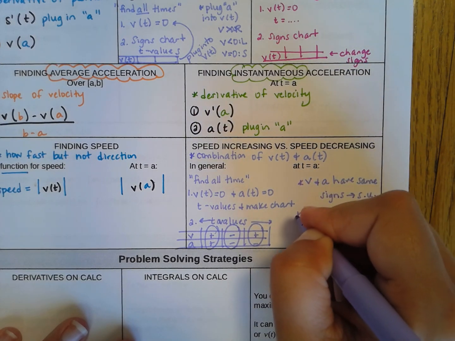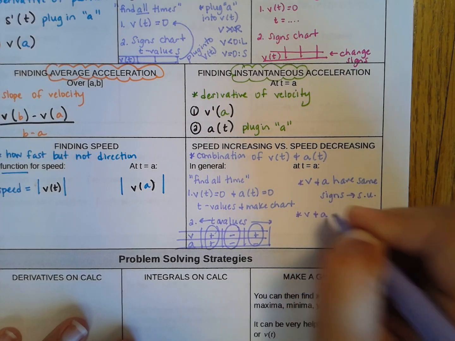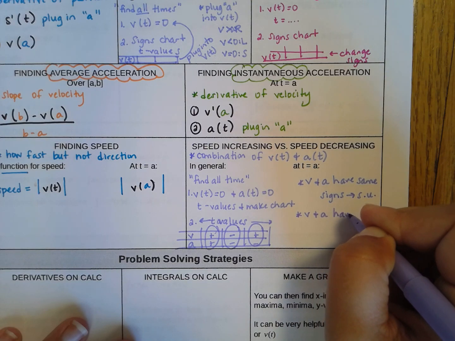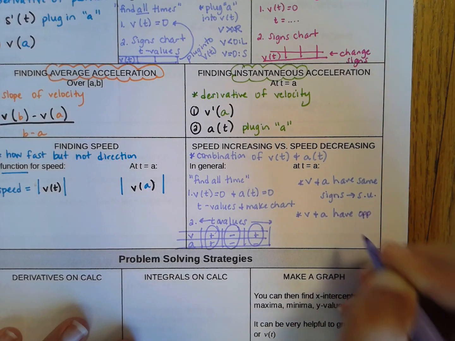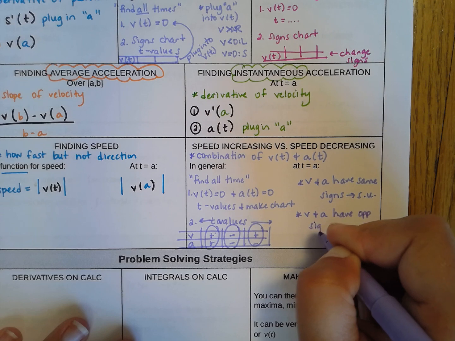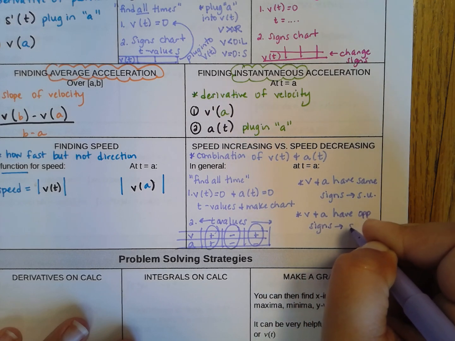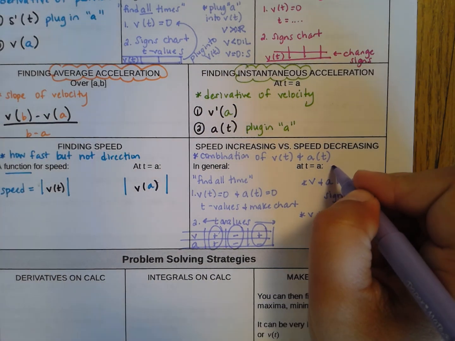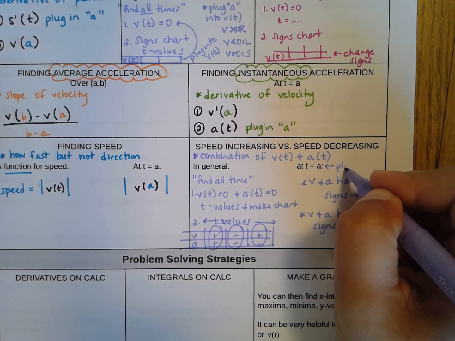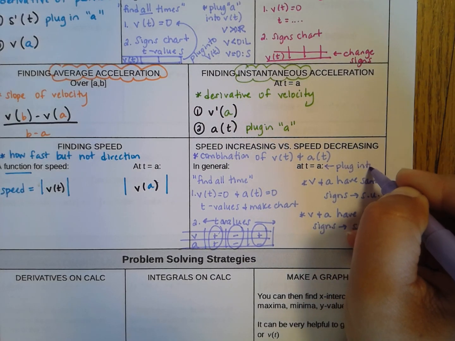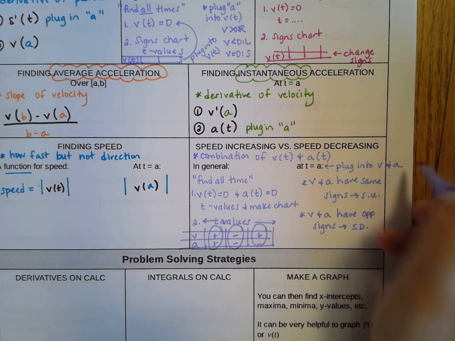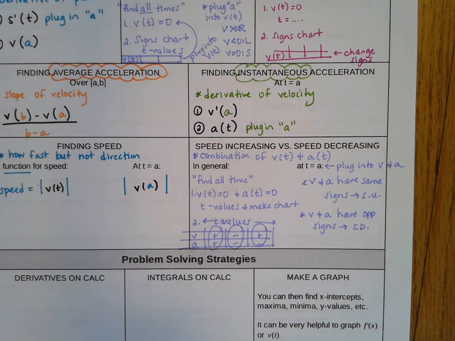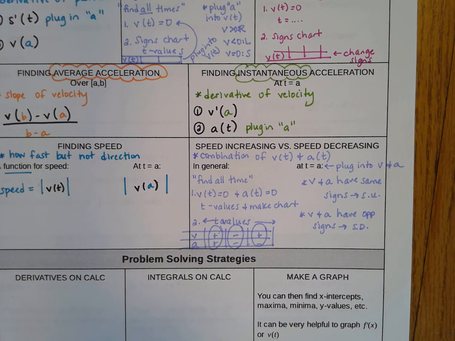And if velocity and acceleration have opposite signs, then you're slowing down. Now, if a problem says, tell me whether you're speeding up or slowing down specifically at this t value, then just plug it in to v and a and see if you have the same signs or opposite signs.